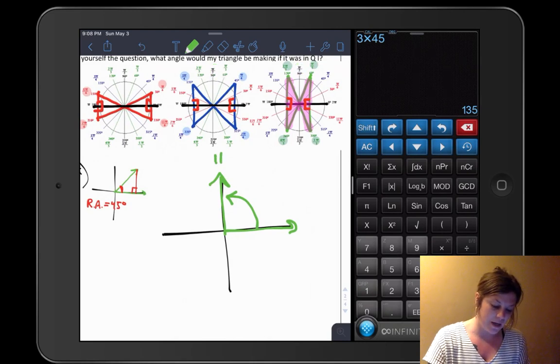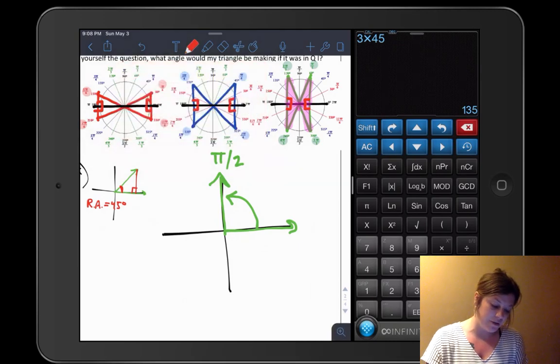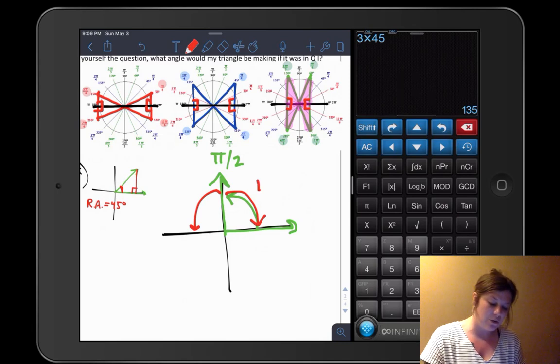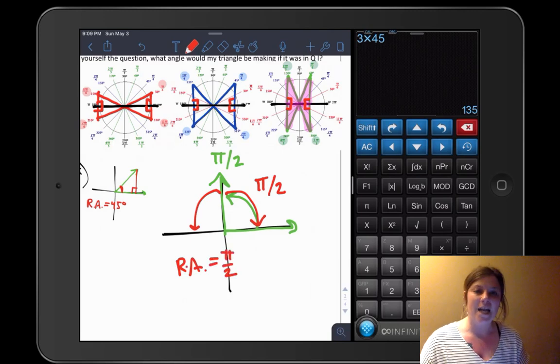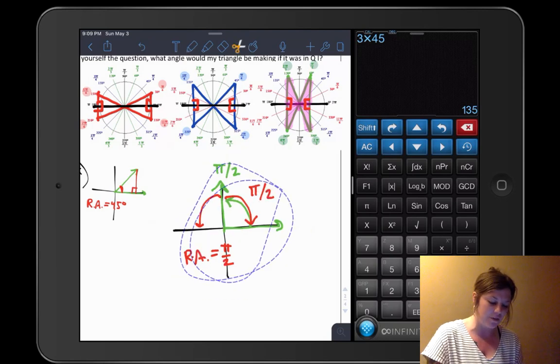This is pi over 2. I could either go down to the x-axis over here or the x-axis over here. Either way, I'm going to be going the same distance. So my same number is my reference angle. So I guess it was good that you saw early on that the reference angle can be the same as the original angle, but also maybe a little confusing to start off with those examples.